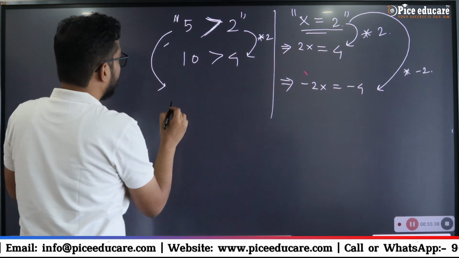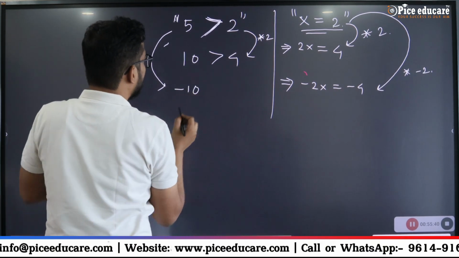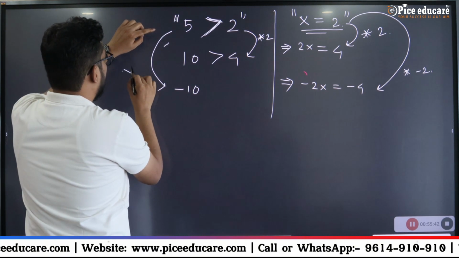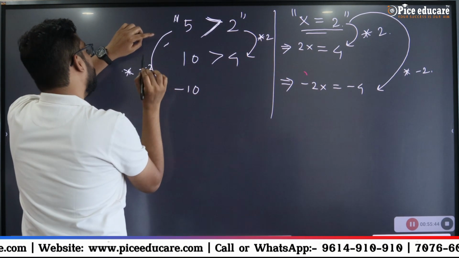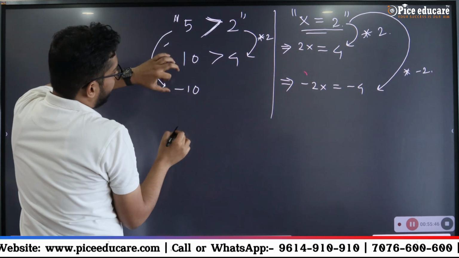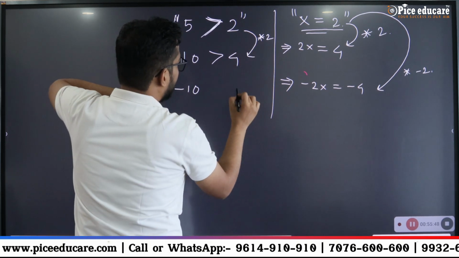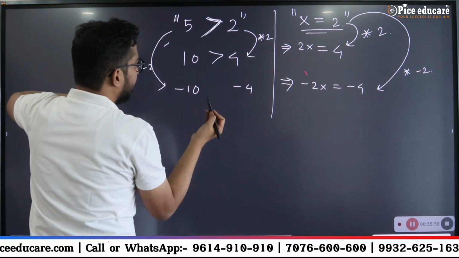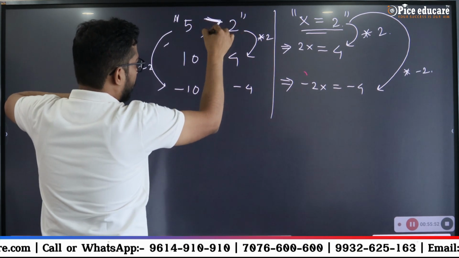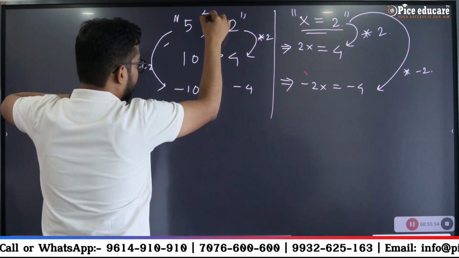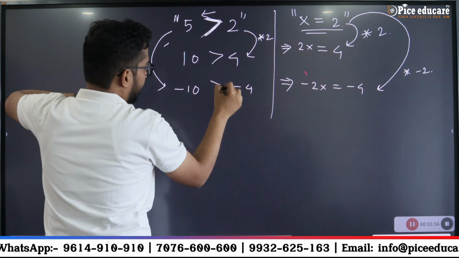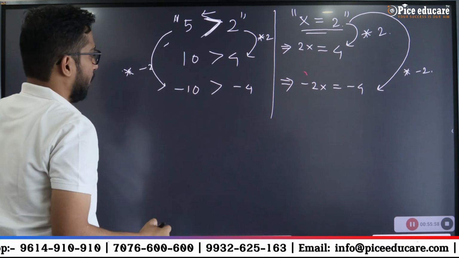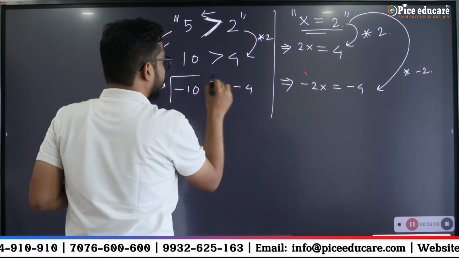For example, if I go for minus 10, and you are multiplying it by minus 2, you get minus 10 and you get minus 4. But if I say that the direction of this inequality remains the same, there is a problem.